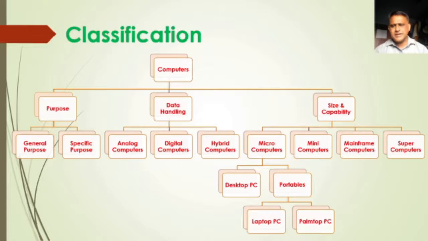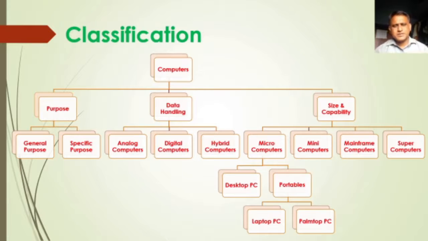Based on the purpose, computers can be classified as general purpose and specific purpose computers. If you consider the principle of data handling, the computers can be divided into analog computers, digital computers and hybrid computers.